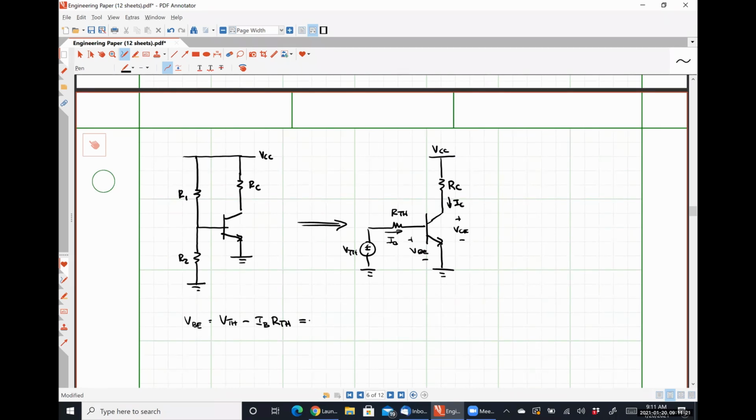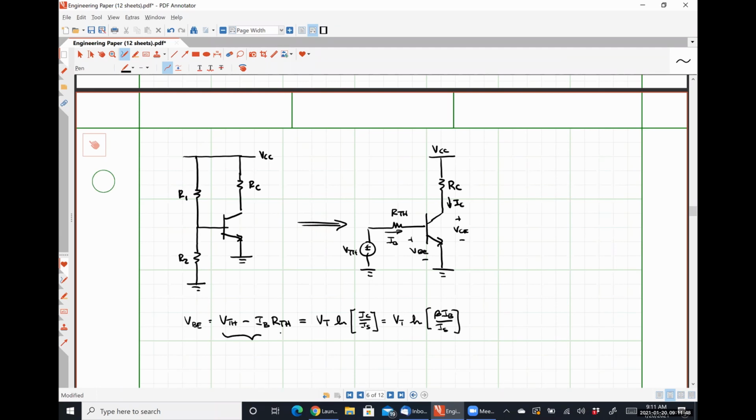And this is going to have to be the same as VT natural log IC over IS, which is the same as VT natural log beta IB over IS.